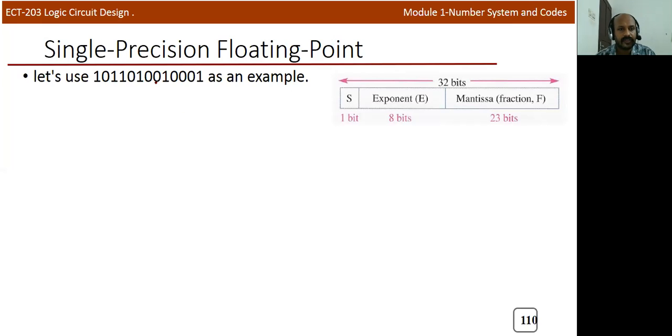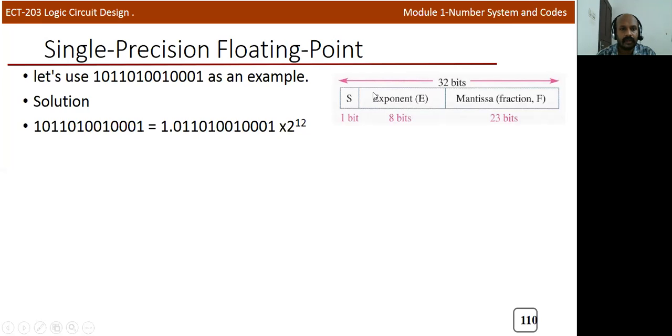So here we need to represent this binary number in single precision floating point format. On the right side you can see the 32-bit single precision floating point number. The given binary number we can write like 1.01101 00 101.